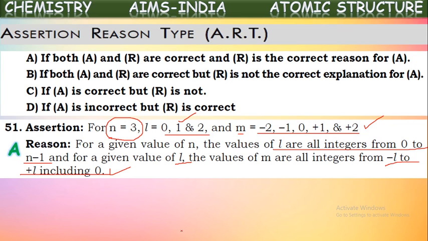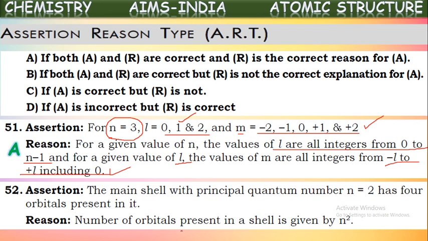A. Okay. Next question. The main shell with principal quantum number n equal to 2 has 4 orbitals present in it. Isn't it? Is it correct? Let us see this reason also. The number of orbitals present in a shell is given by n square. If n is equal to 2, it means the second shell.